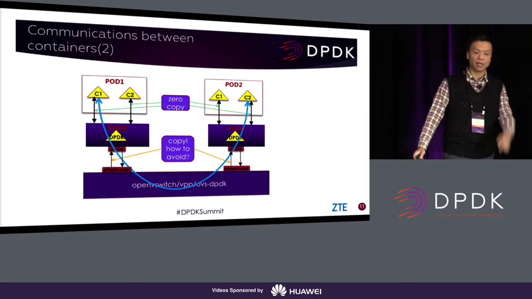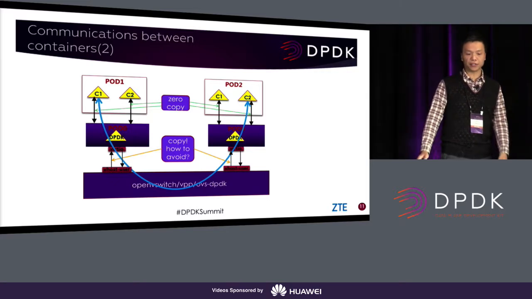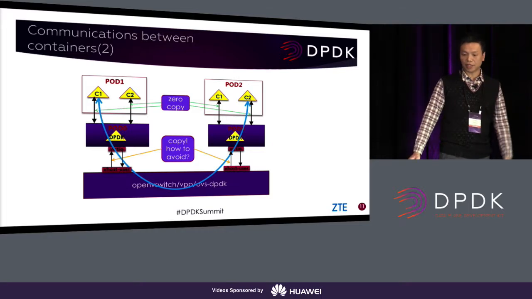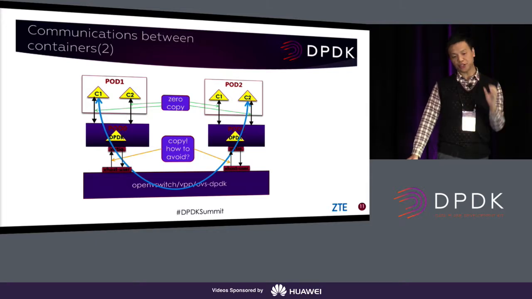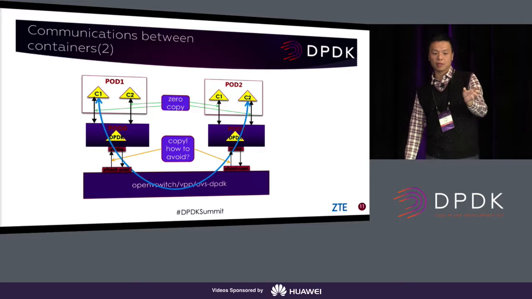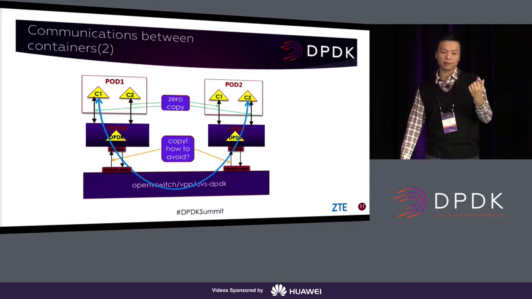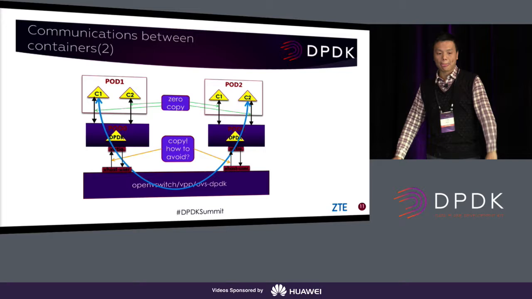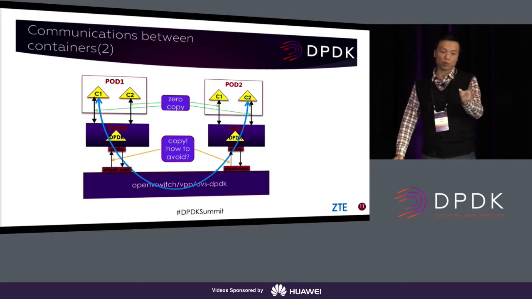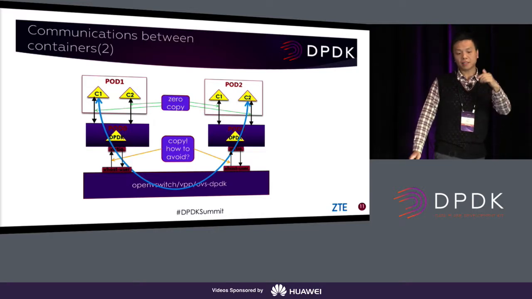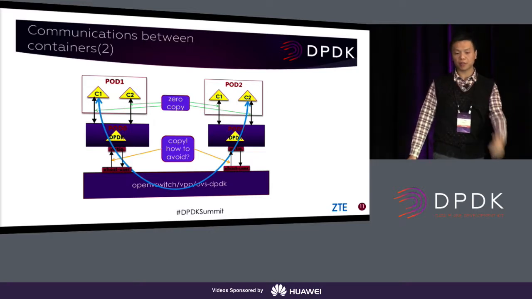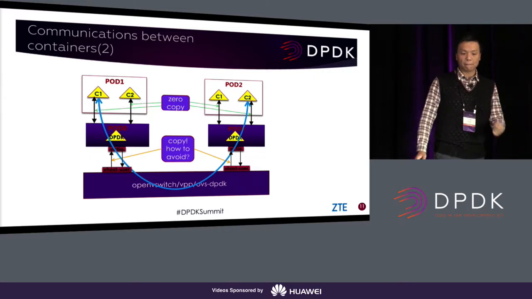And this is another model of communication between containers. In this model, we can see there are 2 virtual machines, and each one has 1 port 0. The communication between these 2 virtual machines will involve packet copy.